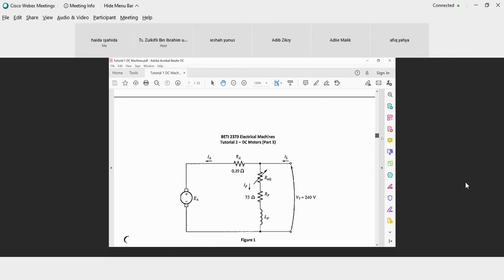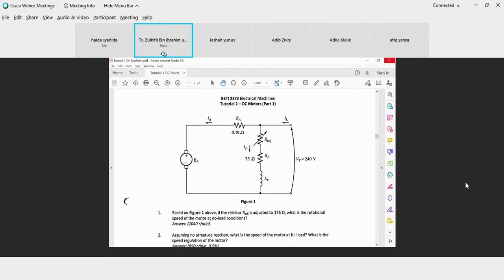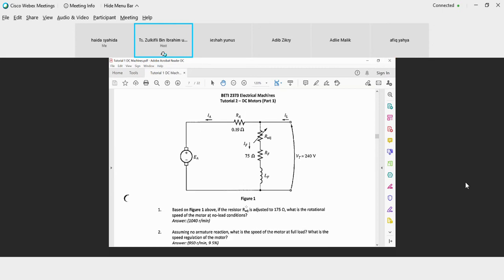Okay, so for the DC motor dekat sini, you have, based on figure 1, if the adjustable resistor is adjusted to 175 ohms, what is the rotational speed of the motor at no load condition?